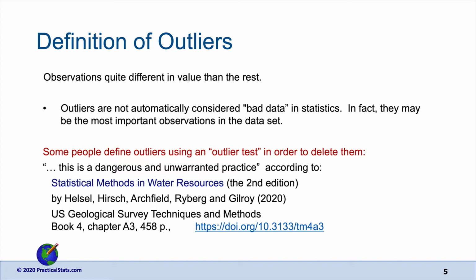It is free. So, in Chapter 3, I believe it is, we state that this is a dangerous and unwarranted practice to define an outlier just based on the values in the data set itself without any outside evidence of being wrong, and then deleting that outlier.